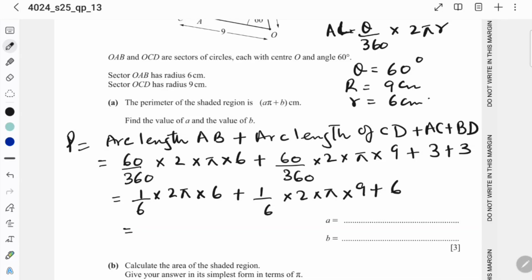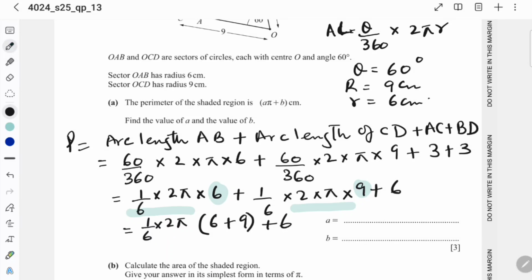What I'm going to do is take out the common 1 upon 6 times 2 pi, and then I'll cancel also. This is 6 plus 9 and plus 6. You can do it without taking out common also, there's no problem.